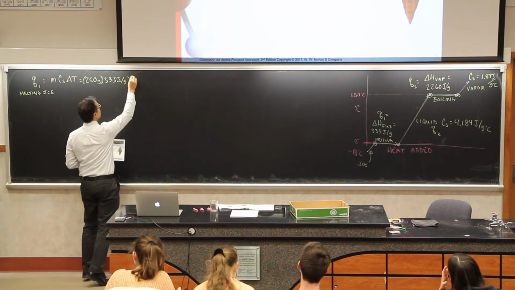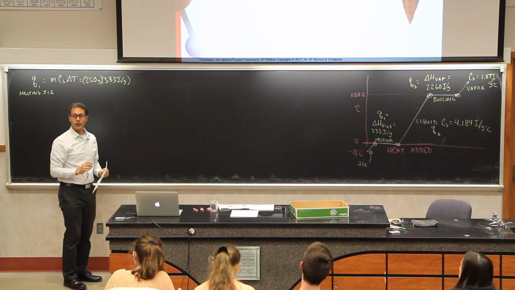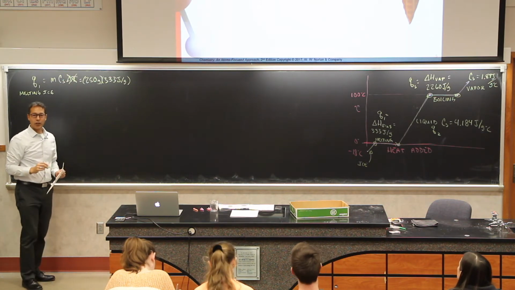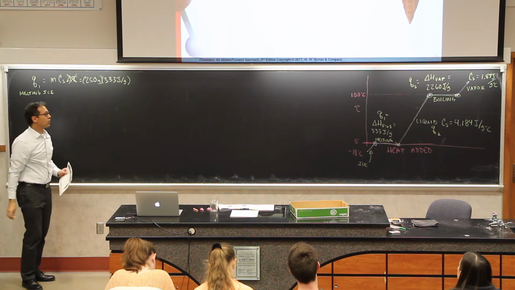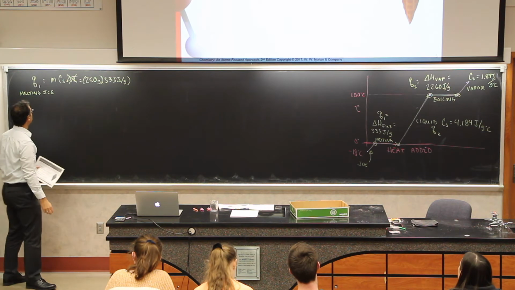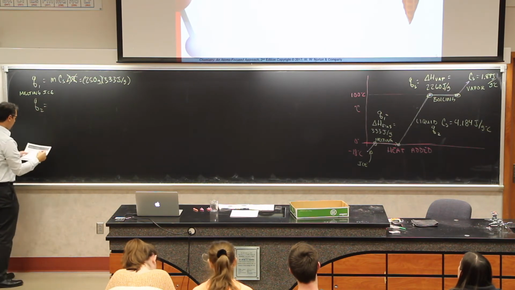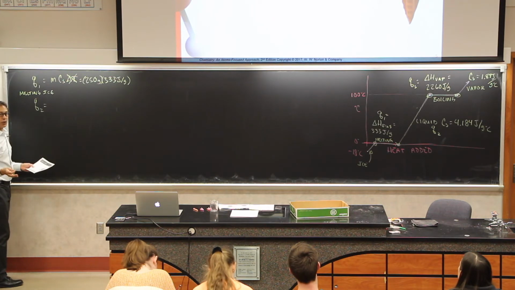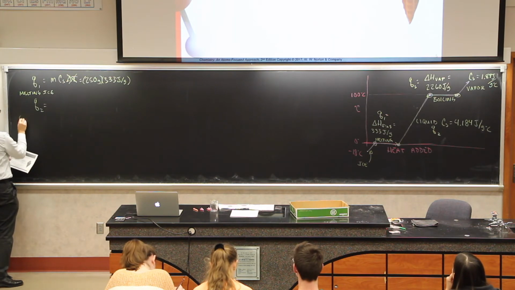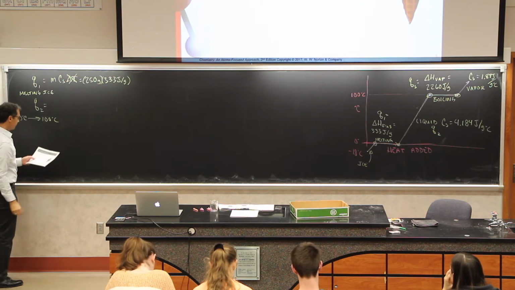And then our change in temperature, there is no change in temperature, is there? It stays the same. And so we end up not using our change in temperature. Don't put a 0 in there, because if you put a 0 in there, then there's no energy. Okay, then our second enthalpy. This is going to be to raise the temperature of the water from 0 degrees Celsius to 100 degrees Celsius.